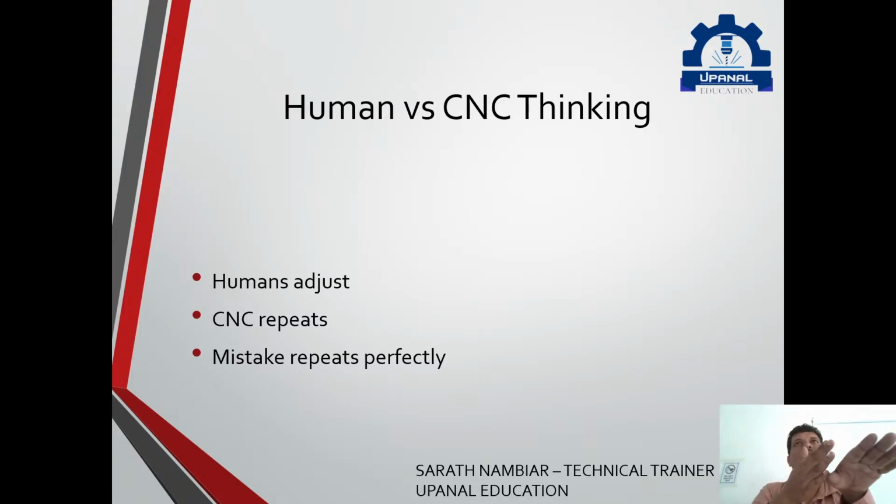It will automatically go left; it will not control itself to the right. Similarly, once we have given this machine the wrong details, it will do only the wrong things. And if one mistake is given, it will repeat that mistake every time, because people mostly use CNC for multiple works of the same thing, right?